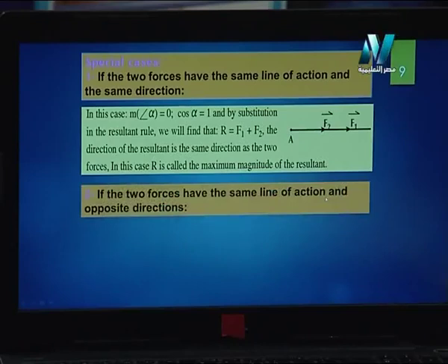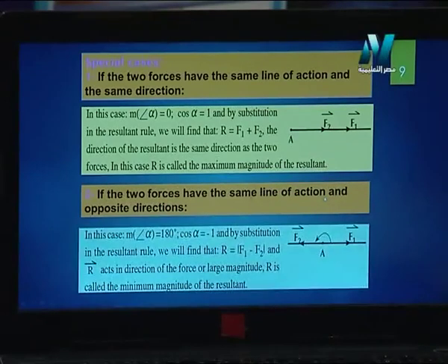Okay. Number 2, if the two forces have the same line of action and opposite direction, like this. We have here two forces, first called F1 and second called F2, and they act in opposite direction but on the same straight line. So the angle between them here equals 180 degrees, and cosine alpha equals -1.